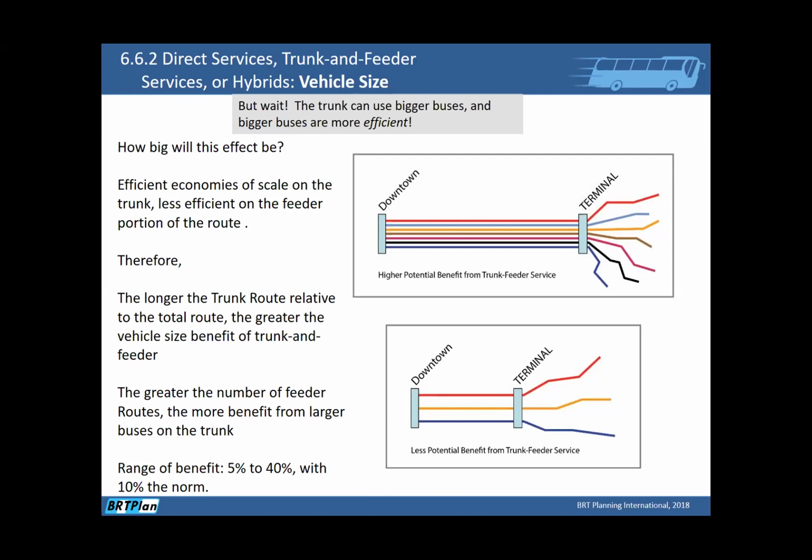In the lower diagram, you just have 2 or 3 routes coming together and they only overlap for a short period of time. The range of benefits for that, for a trunk feeder from the efficiency gains from the larger vehicle, they're likely to be low in the range of like 5%.